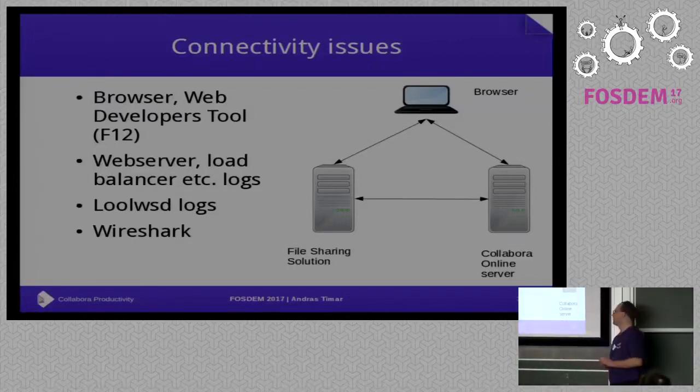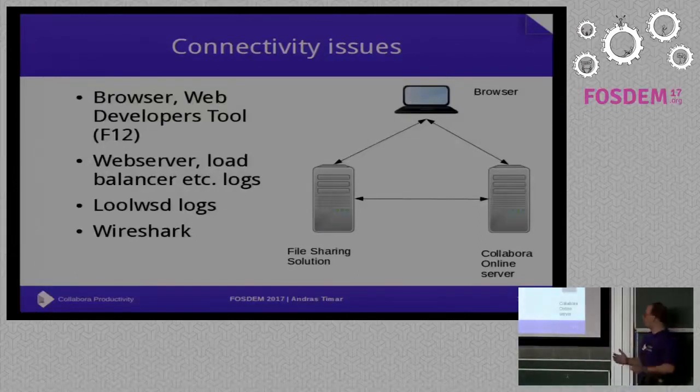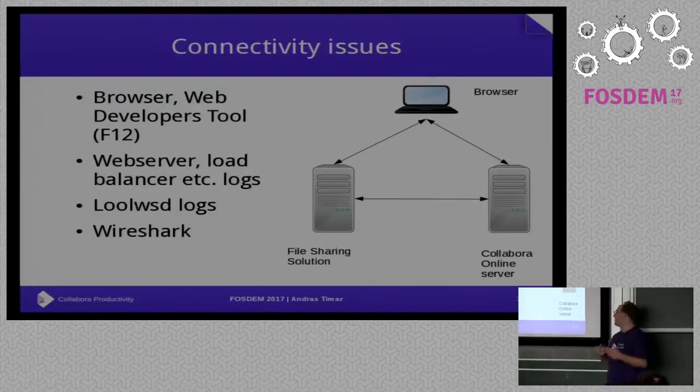So it is obvious that the communication must be bidirectional in all possible directions, and it poses some problems when, for example, Collabora Online server is operating on port 9980, which is sometimes blocked by firewalls, or you can have the Collabora Online server behind a load balancer, or you can use SSL, and the SSL certificates must work across all possible directions.